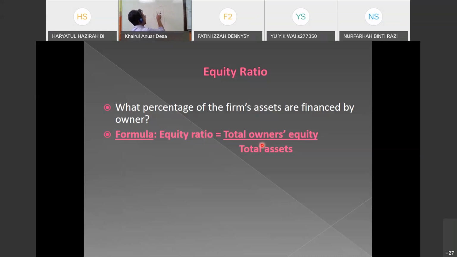Okay, debt. Adanya kita dapat daripada equity. Ini kita panggil dia equity. Equity terdiri daripada common share. Common share. Dan dia juga ada preferred share.